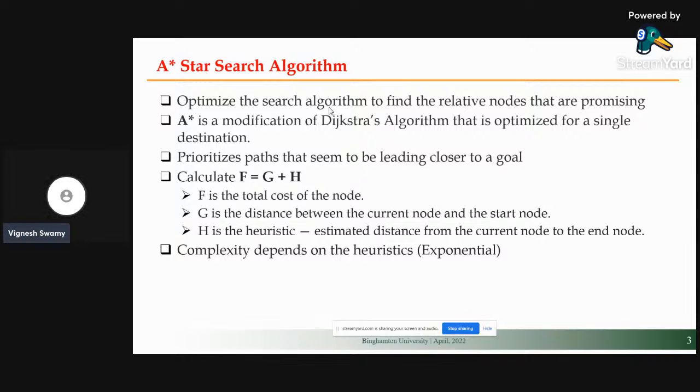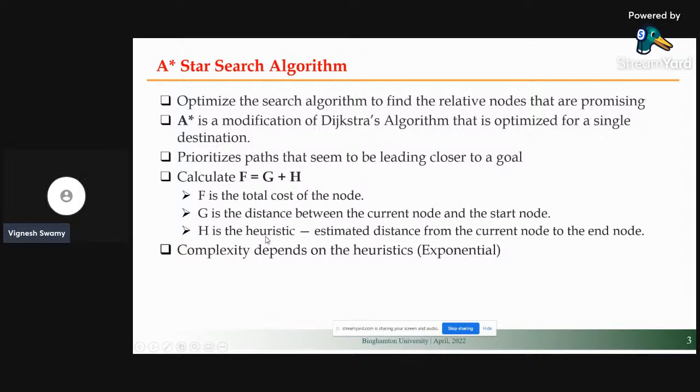The design is based on the formula f = g + h. f means the total cost of the node: what it would take to reach from the start node to the destination. g is the distance between the current node and the start node, meaning we are at a particular current node and have already come from the start node, and this distance is calculated by g. h is the heuristic distance.